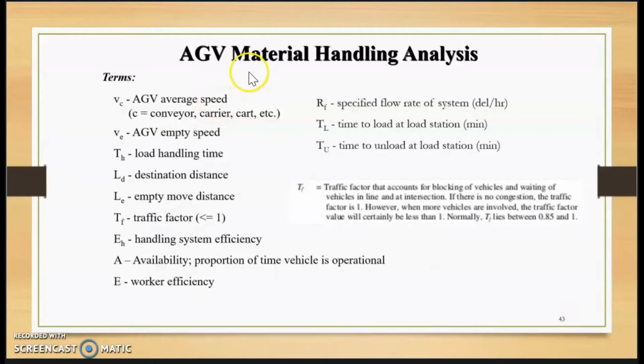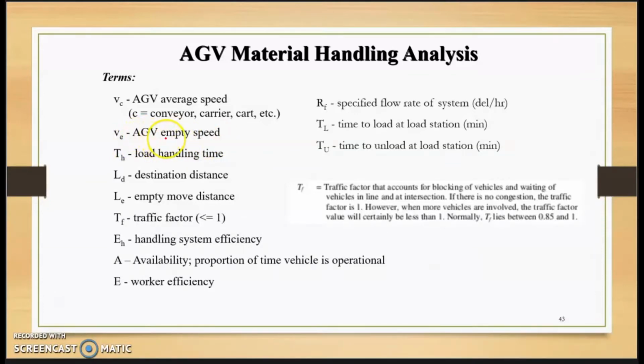Okay, to solve the examples, we need to understand some terms used in the analysis. The first one is VC, which is the average speed of the carrier, in this case the AGV. Then we have VE, the empty speed of the AGV.